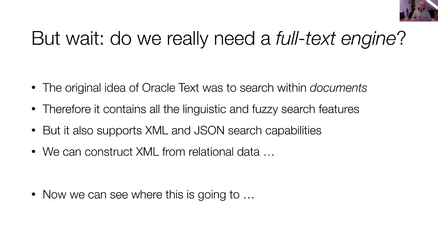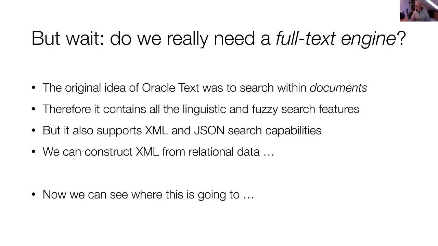Imagine an XML document with text and all the stuff. Oracle Text allows you to restrict a query to a specific section in the XML document. So Oracle Text provides section searching: give me all documents containing the word Oracle, but only within a specific XML tag.